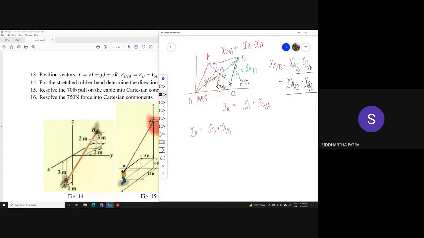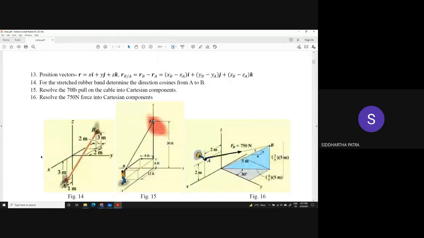So with that, we will try to solve the first problem, which is figure 14 over here. This time I'm only interested in getting the direction cosines from A to B, which means I'm asking for L, M, and N. So find out the unit vector along AB.